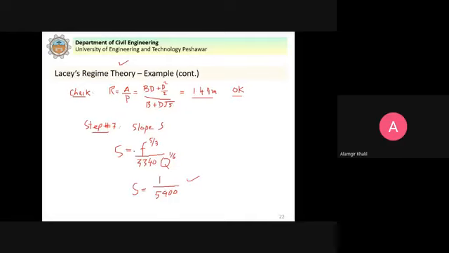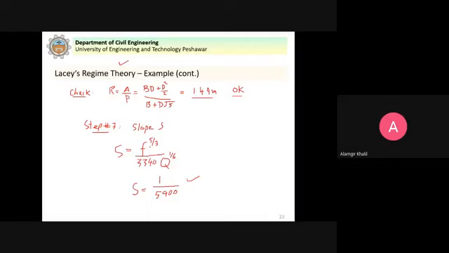Next, we discuss drawbacks in Lacey's regime theory. The concept of true regime is only theoretical and cannot be achieved practically. The various equations are derived by considering the silt factor, which is not at all constant. You can see here the various equations.